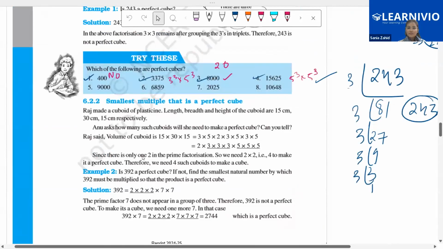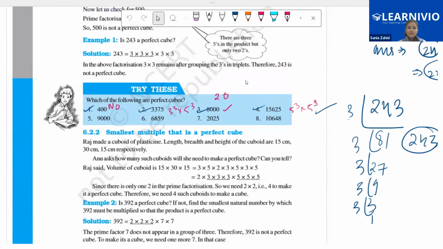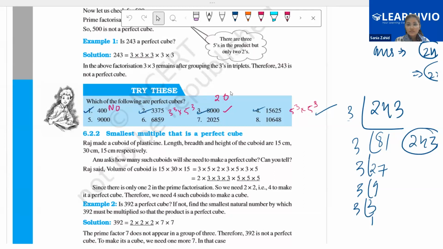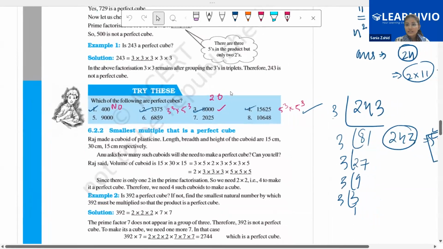Ma'am, I'm facing network issues. Okay, no problem. But do you see my screen? No, ma'am. Harmeen, do you see my screen? Yes, ma'am, I can see. Mustafa, then you have network issues if you're not able to see my screen. Yeah, ma'am, now I can.